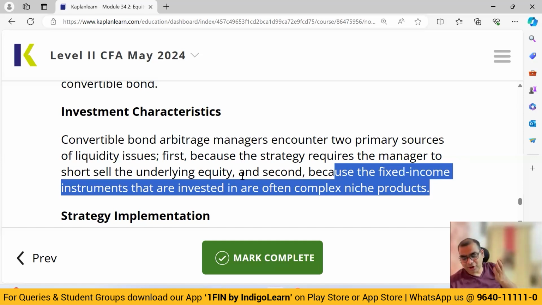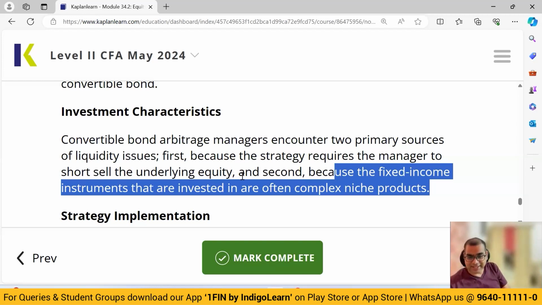The bond is a bond plus option, and you are selling the equity. I am buying a convert and selling the same company's equity, shorting that equity and going long on the bond. This is one strategy.